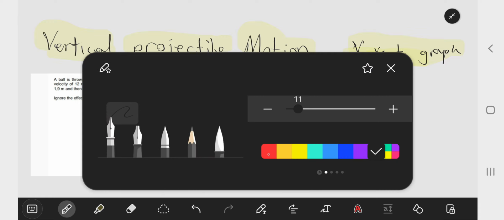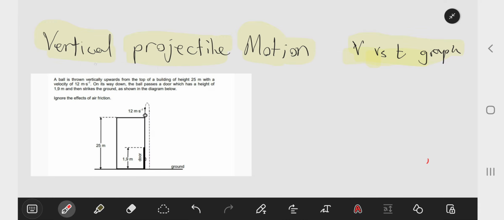We can fully agree that the aim of this topic is to eliminate all this wording up here. On this question we also have a diagram, which simply explains what's happening with the object. Someone can see that the object was thrown upwards, it went up, it reached a maximum height, and then it came back to the ground.